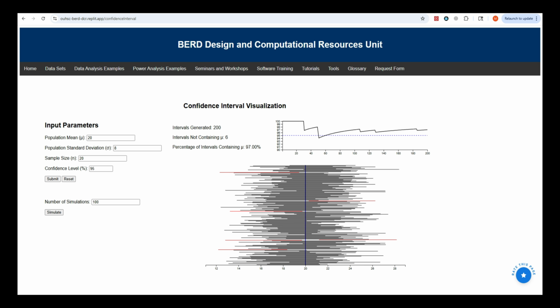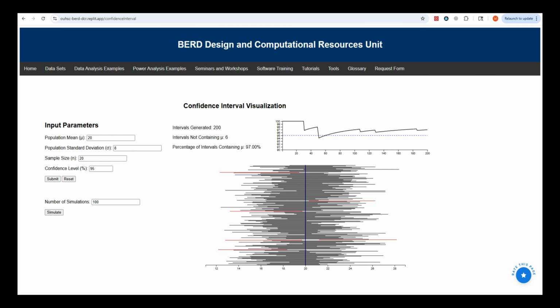When we say we're 95% confident that the interval contains the true parameter, in a way we're playing the odds, saying, yeah, it's possible that this interval doesn't contain the true parameter of interest, and in fact, we really don't know if the interval we observe is a red interval or a black interval, but we are playing the odds that we are more likely to get one of the black intervals than we are to get one of the red intervals.